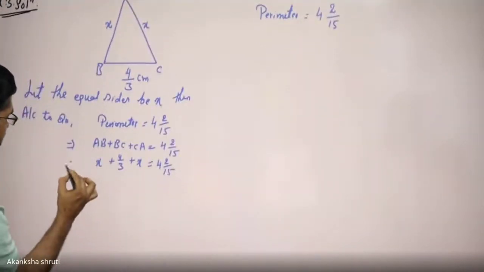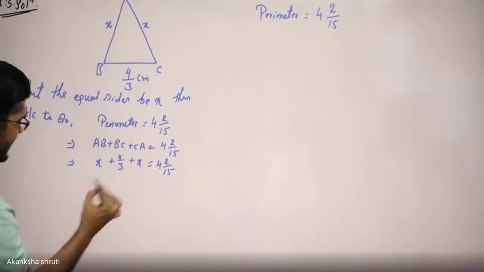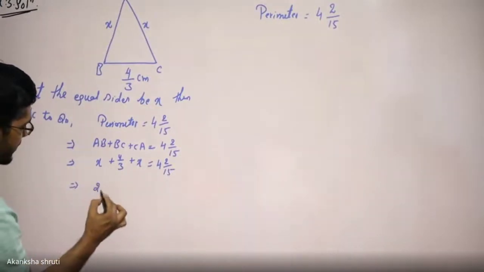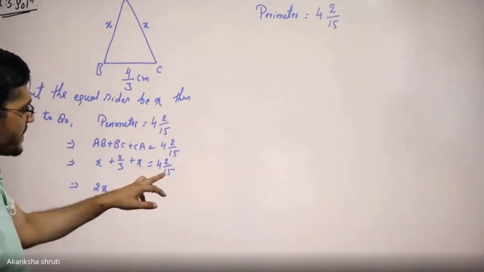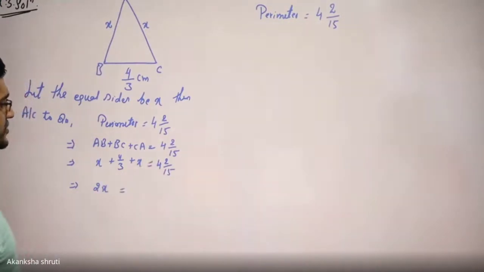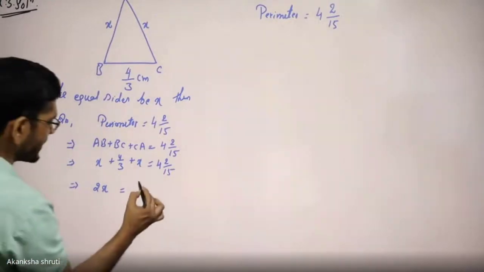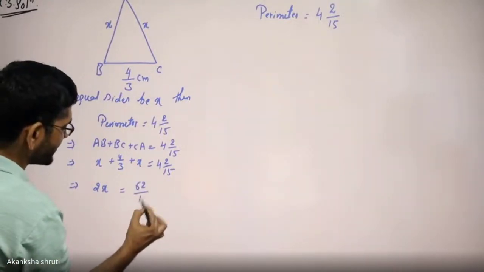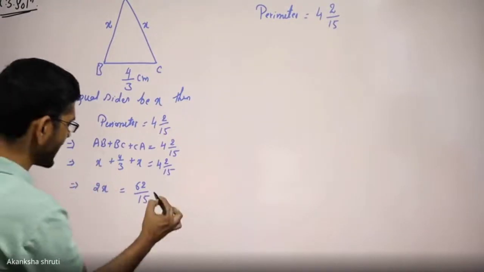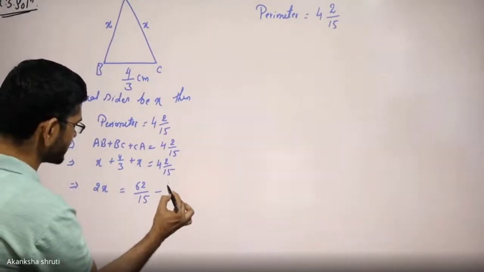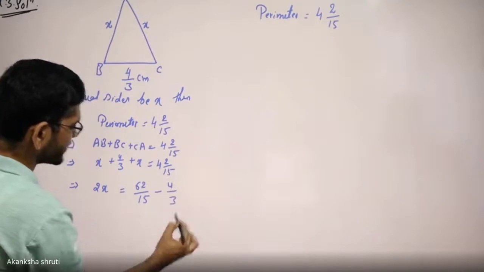Now we have to calculate x from here. x and x will get added to give 2x, and the right hand side becomes 15 times 4 is 60, plus 2 is 62 by 15, and 4 by 3 was on the left hand side. It will come with subtraction of this 4 by 3. It's that much.